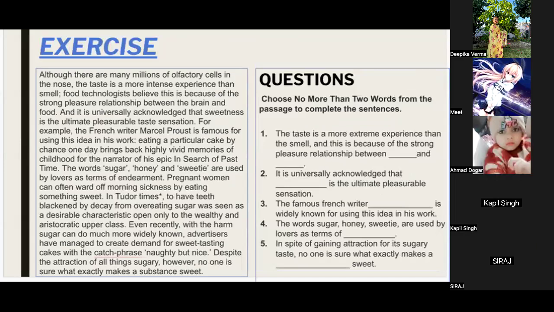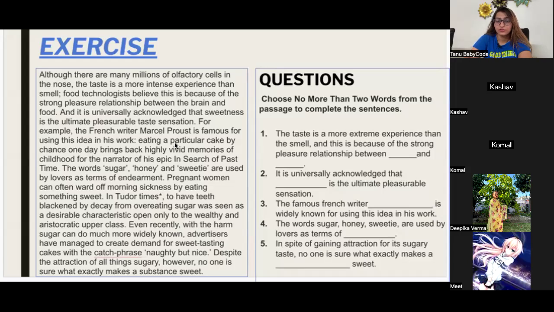Now let's do this exercise. Everyone ready? Yes, everyone? So what you're supposed to do, you're supposed to read your questions first, read your instructions. Choose no more than two words from the passage. That means one word or two words you can write. Okay? Now first, read the questions, highlight your words, try to find them in the passage, look for paraphrasing and find your answer. I'm giving you a few minutes to do this. Yes, everyone ready?